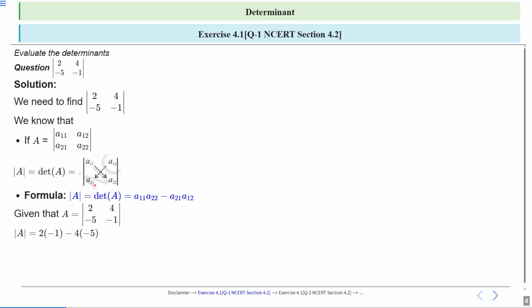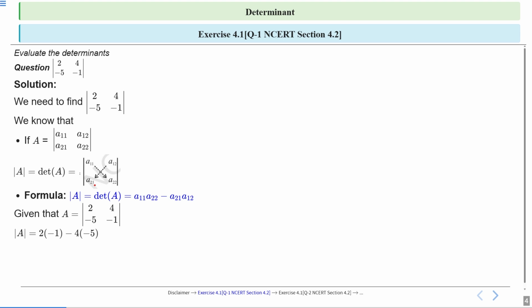So given A is 2, 4, minus 5 and minus 1, we get a11 is 2, a22 is minus 1, a21 is minus 5, and a12 is 4.